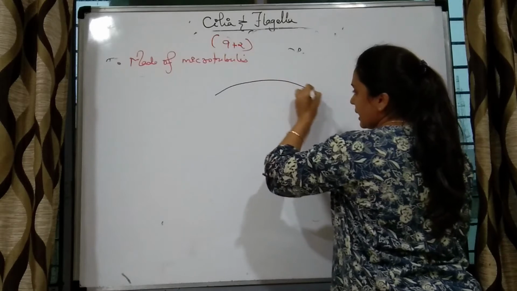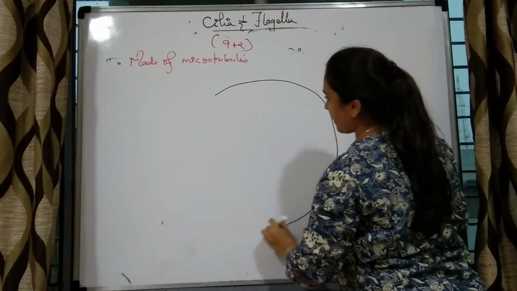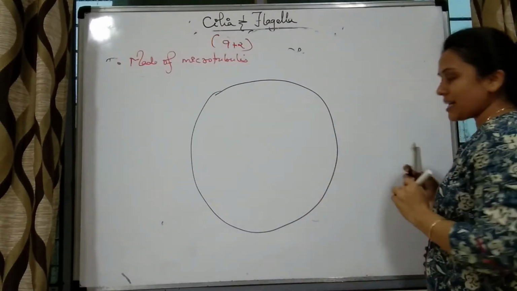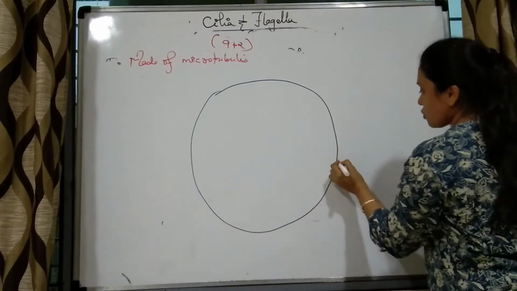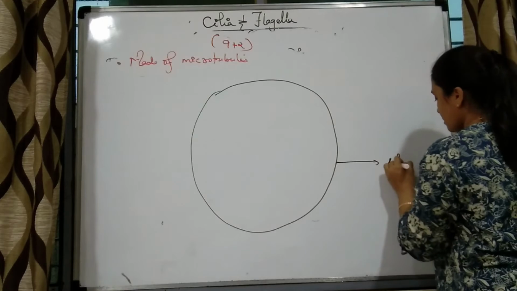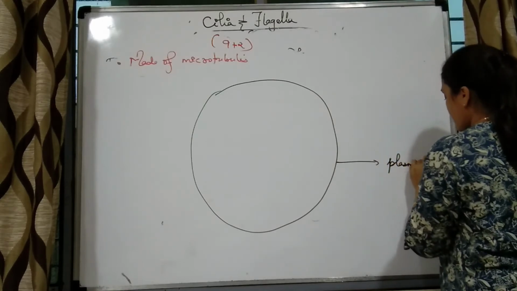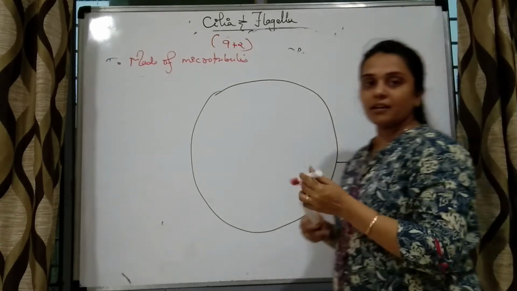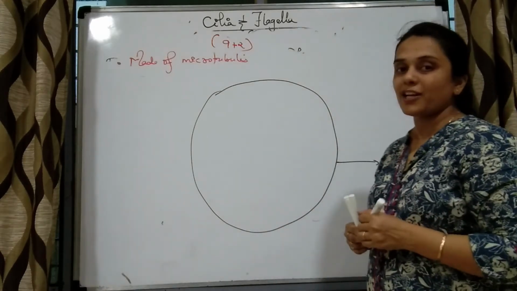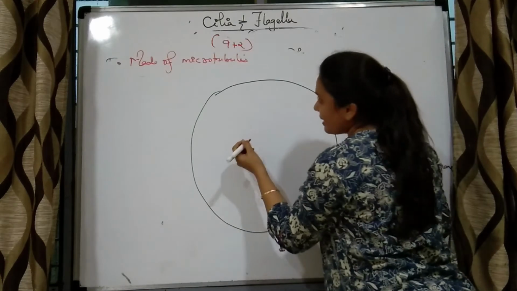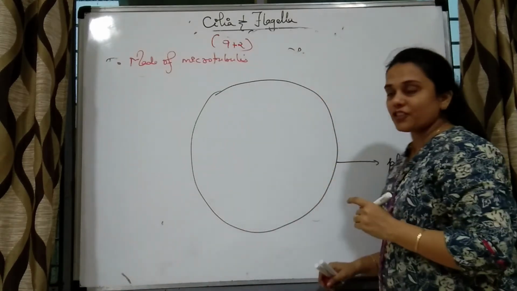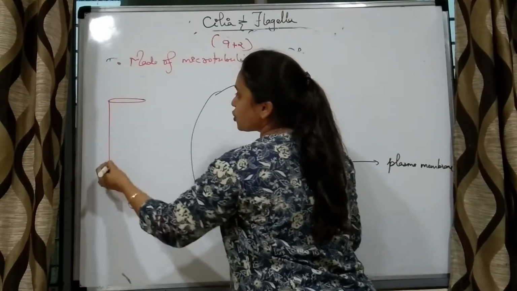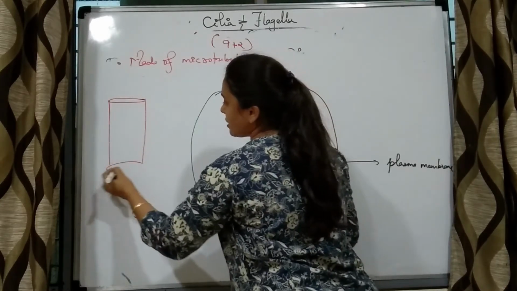First, it is covered by a membrane, the plasma membrane. In the center, there are two microtubules present. What is the structure of a microtubule?